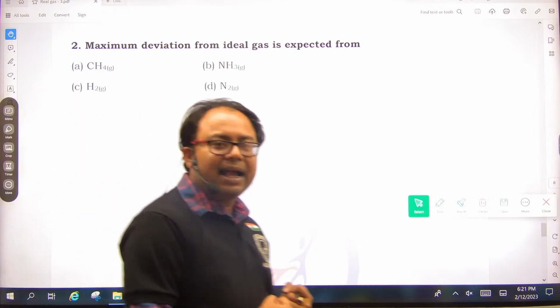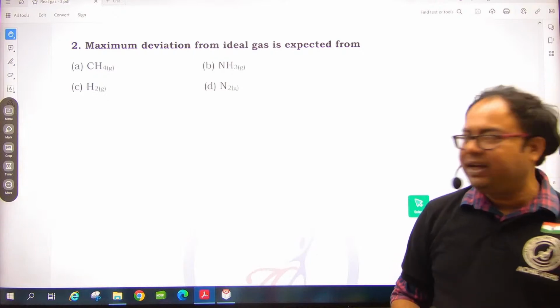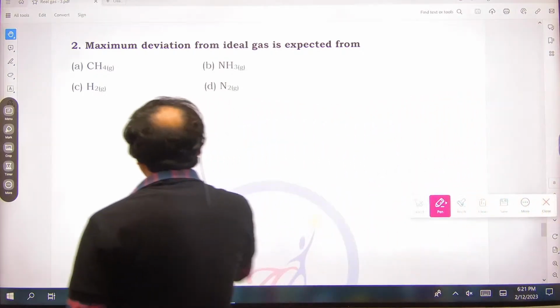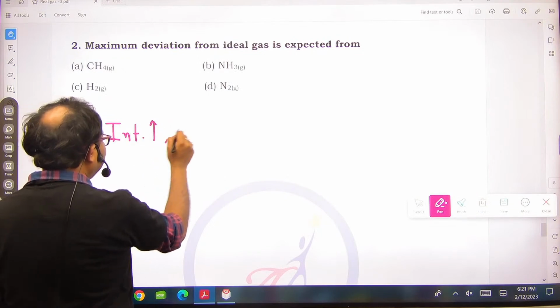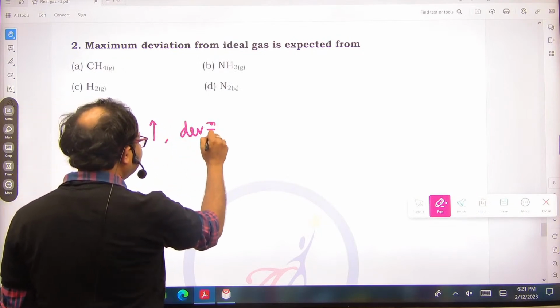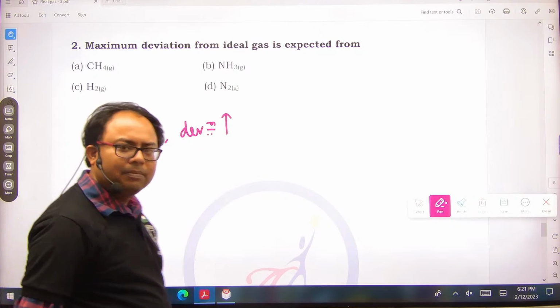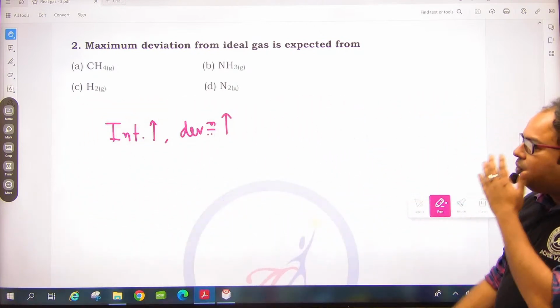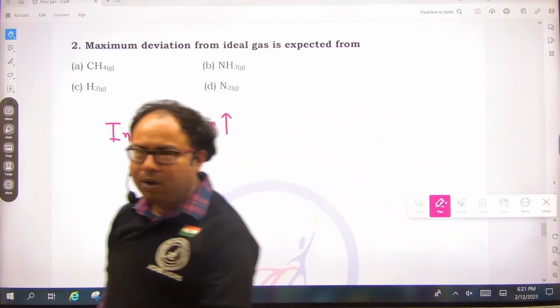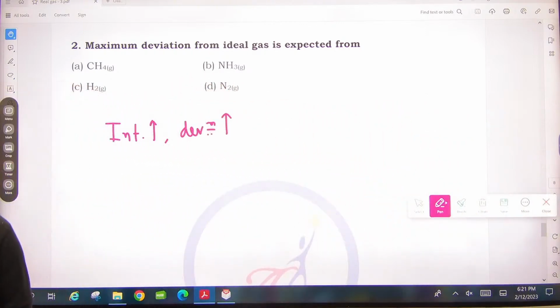Greater is the interaction, greater will be the deviation. So with increase in interaction, deviation increases. Now which one of these 4 will show highest interaction?